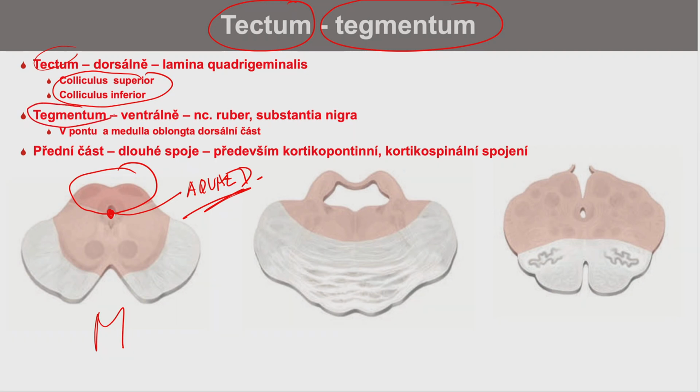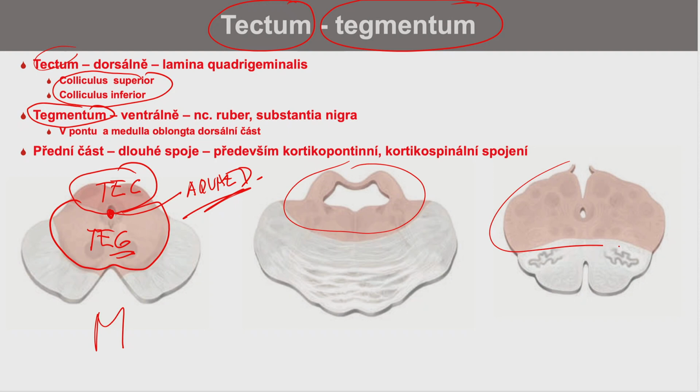Tegmentum. Tegmentum is this pinky part. This is tegmentum, and this is tectum. The tegmentum is localized in the mesencephalon more ventrally, but it forms the pons region and the dorsal part of the oblongata.